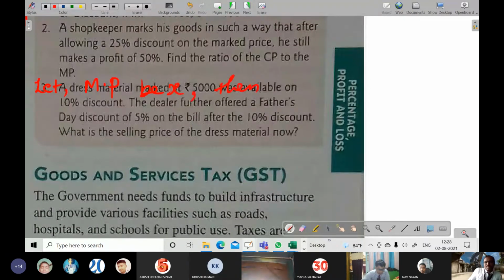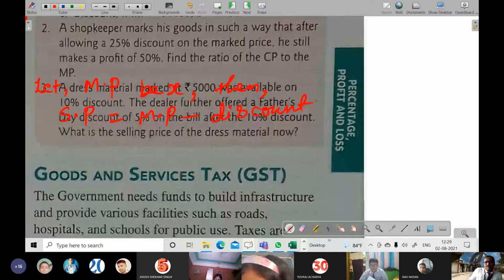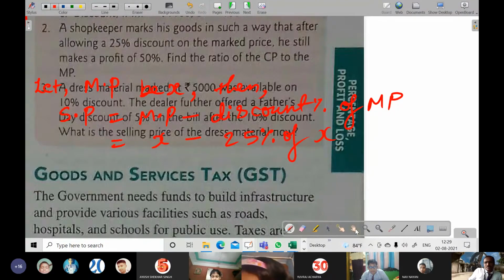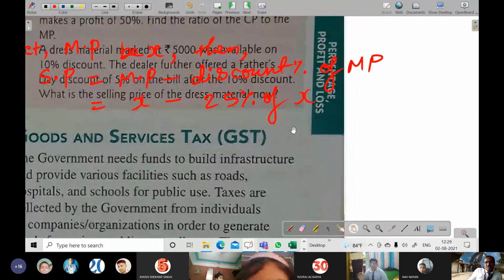Then SP is equal to MP minus discount percent of MP. We can also write SP equals MP minus discount percent by 100 into MP.